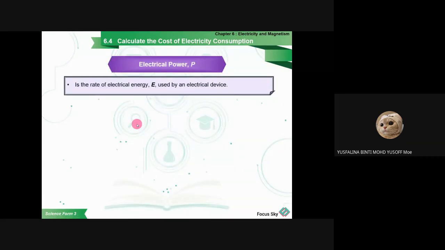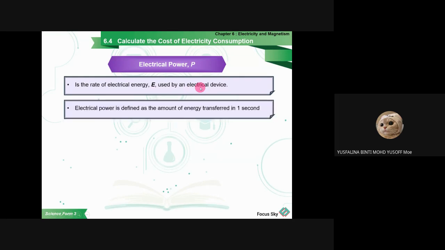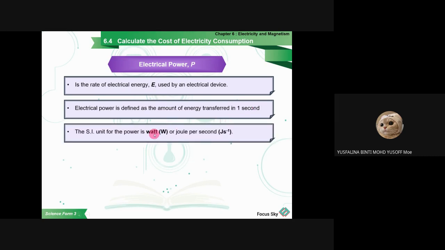Electrical power is the rate of electrical energy used by an electrical device. Electrical power is defined as the amount of energy transferred in 1 second. So in 1 second, how much energy is being transferred? The SI unit is watt or joule per second.